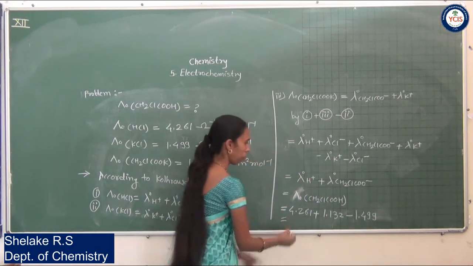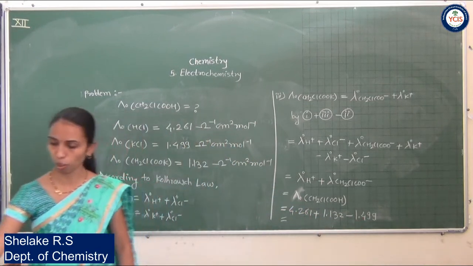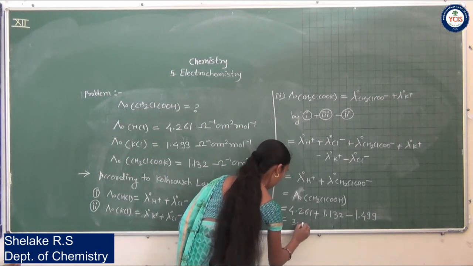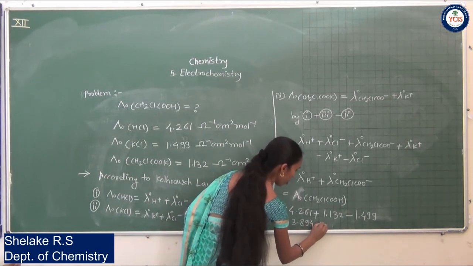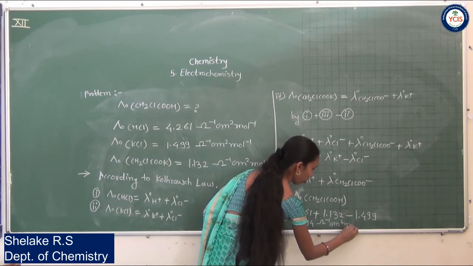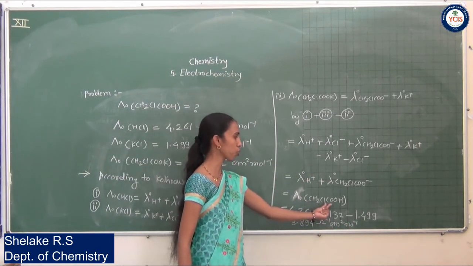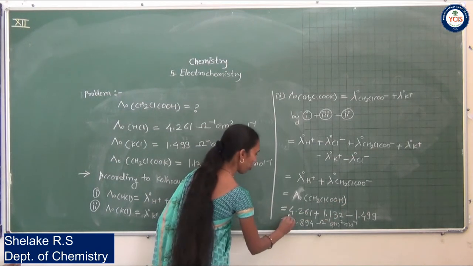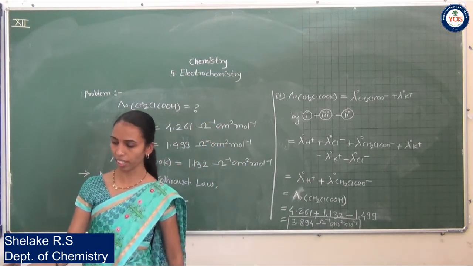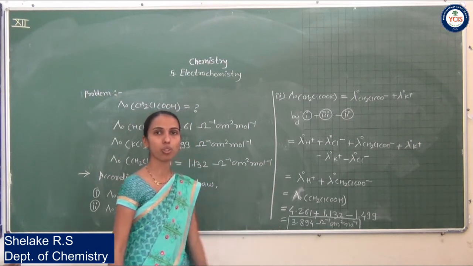So simply by adding these two and subtracting 1.499 from that, we get the answer 3.894. The unit is ohm inverse centimeter square mole inverse, which is nothing but the molar conductivity of CH2Cl COOH. So that is your final answer, 3.894. Okay, so this is the problem based on Kohlrausch's law.